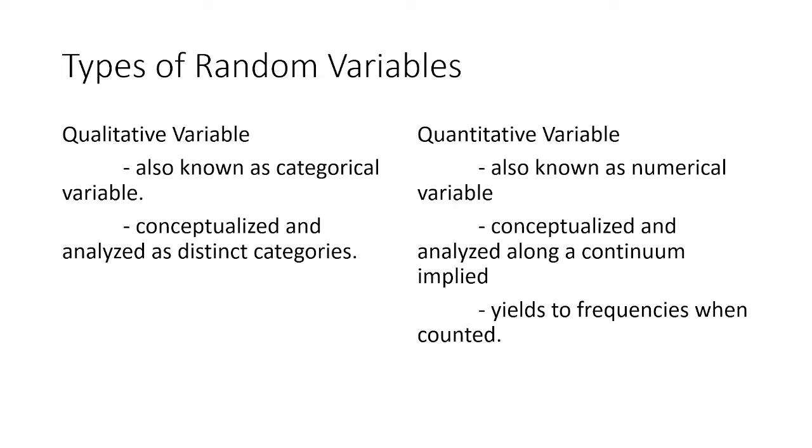For example, yun nga, eye color, hair color, complexion, gender, that is what we call qualitative variables because they are categorical. So when it comes to quantitative variables, or also known as numerical variables, these are conceptualized as analyzed along a continuum implied yields to frequencies when counted. So, yun yung kaibahan nung quantitative sa qualitative variable.